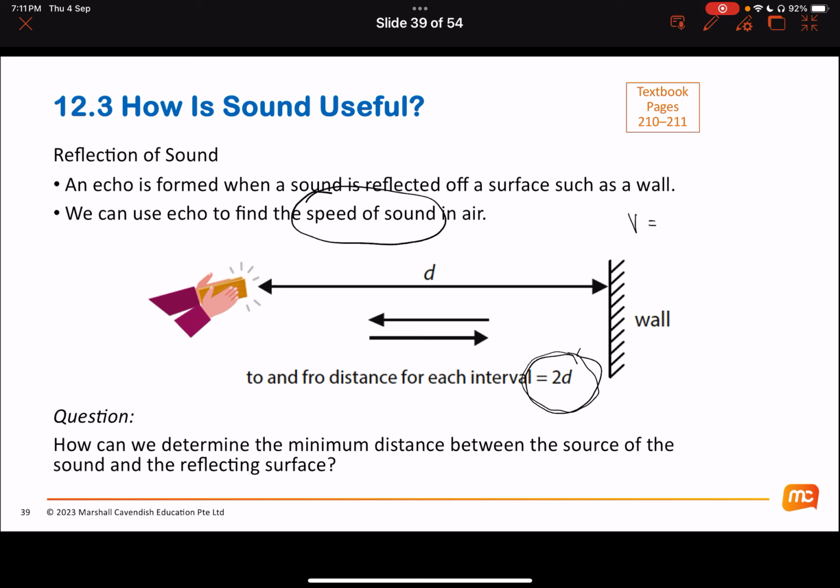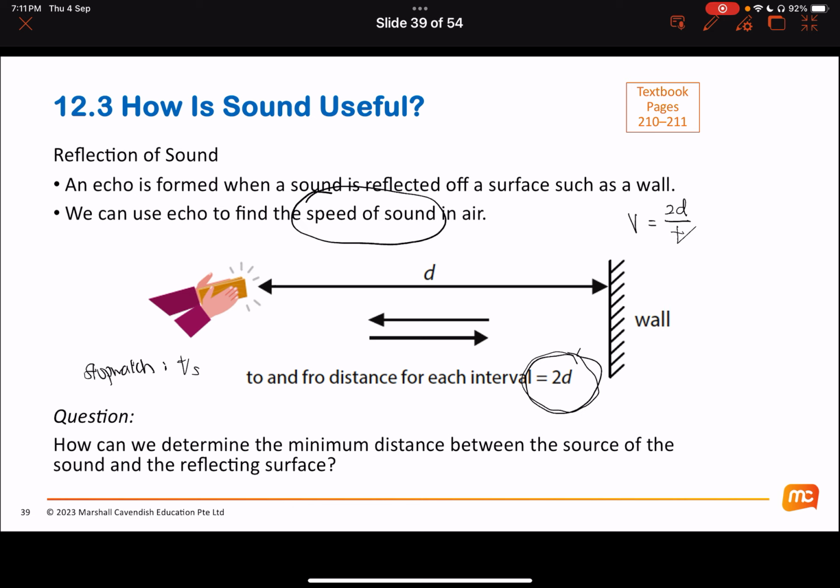Let's say we measure using a stopwatch, and we record that the time it takes to travel back is t seconds. Then the speed of sound can be calculated very easily, by the distance that it travels in that fixed time. So 2d over t will give you the speed of sound.